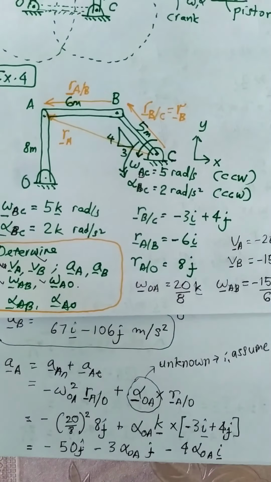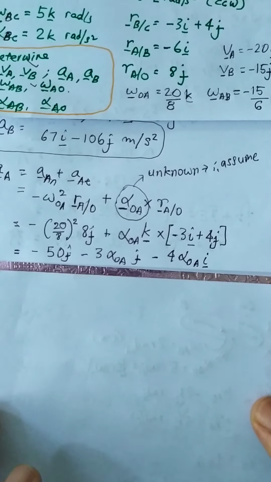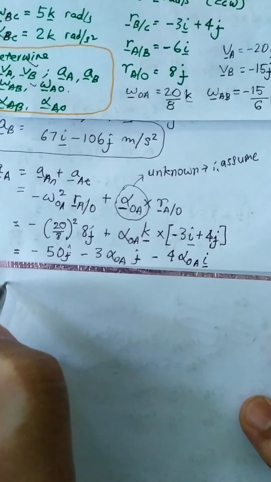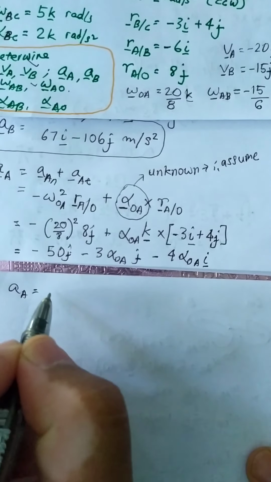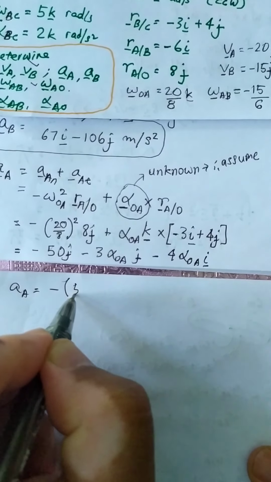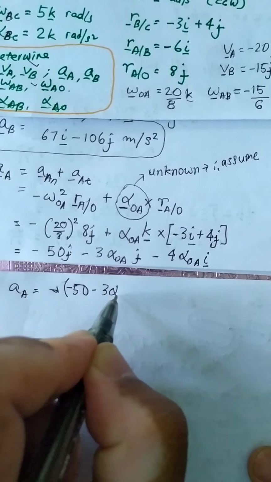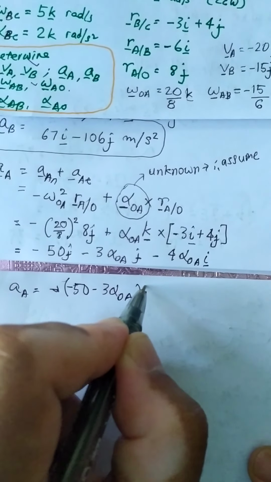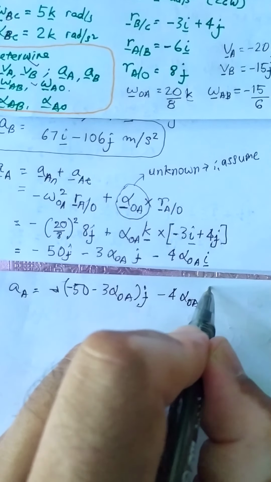So we can now somewhat simplify the expression of A as minus 50 minus 3 alpha OA j, then minus 4 alpha OA i.